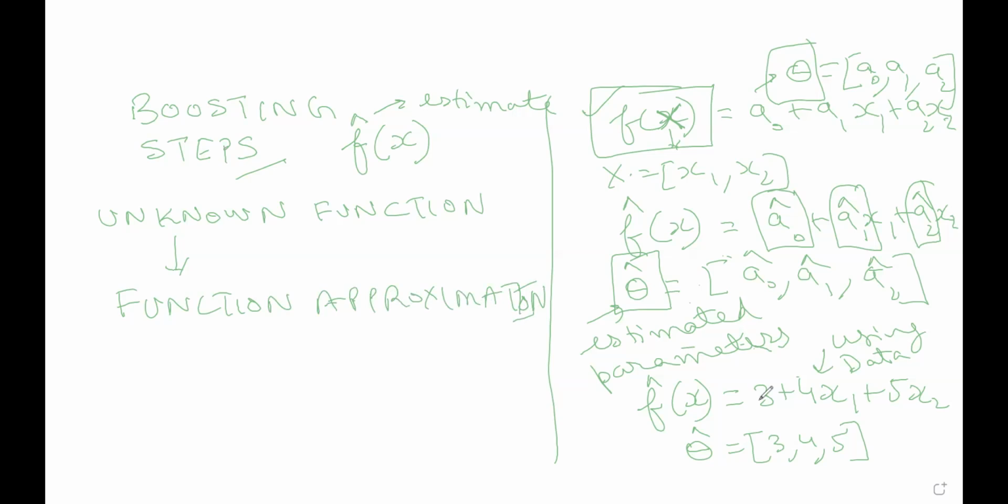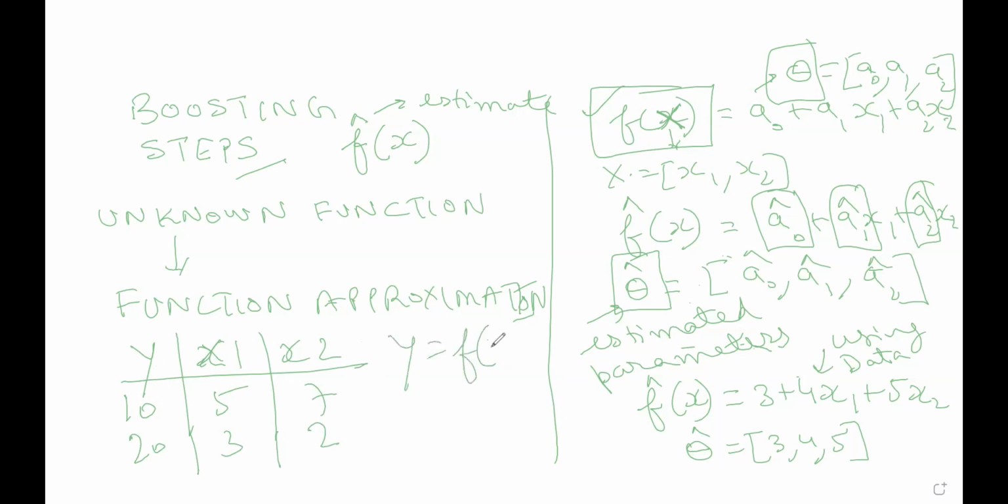In this case, the function approximation is for y, x1 and x2. Some data is given here, say 10, 5, 7, 20. I'm just arbitrarily putting some data. I need y as a function of x1 and x2, assuming it's a linear function, so I put this f(x) as the linear function.